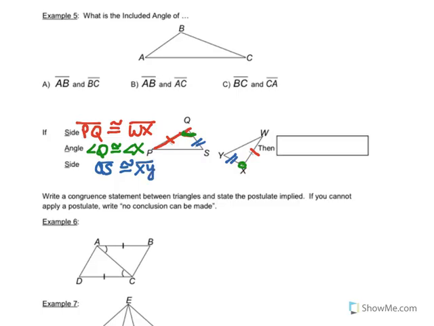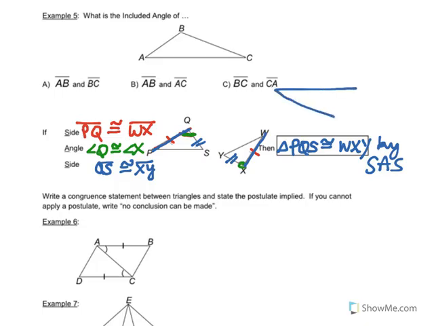And so we can make the conclusion that triangle PQS, so P to Q is the side with one tick mark, so we want to do that over here, is congruent with WXY. How do we know that? By side angle side.